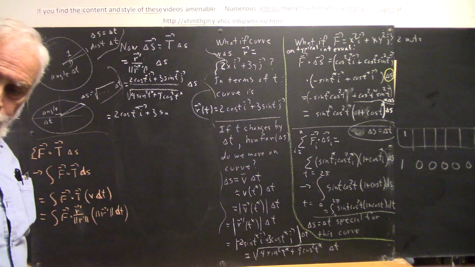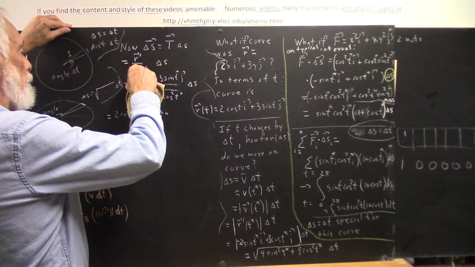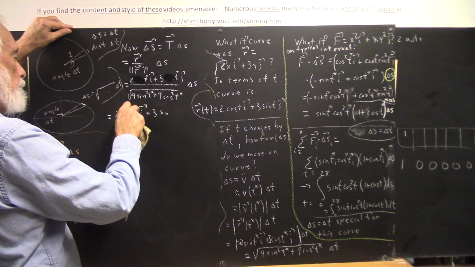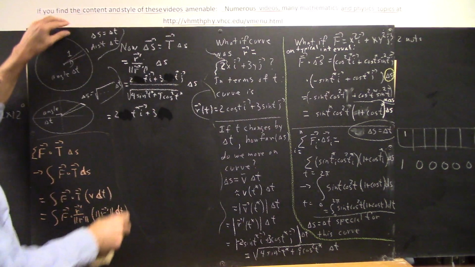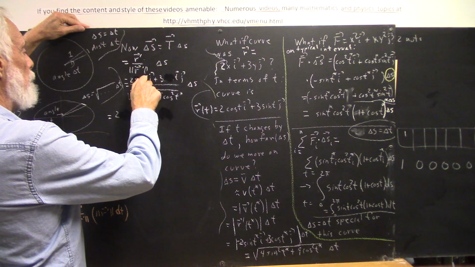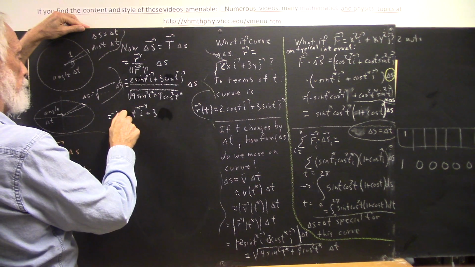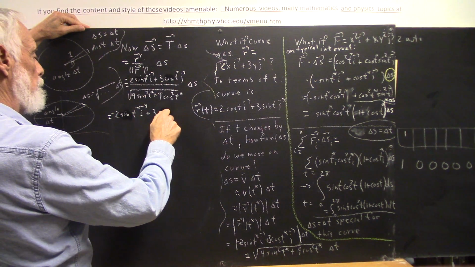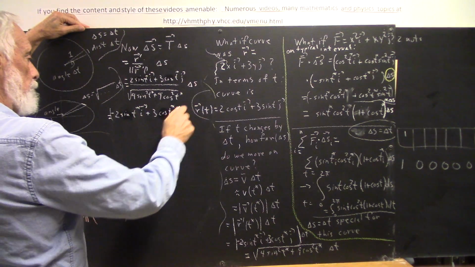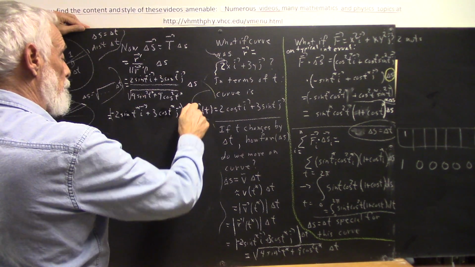I'm going to correct that. I'm not going to go off screen and correct it. I'll just correct it right here. Okay, it's going to be negative 2 times the sine of t star plus 3 times the cosine of t star, and then times i and j times delta t.